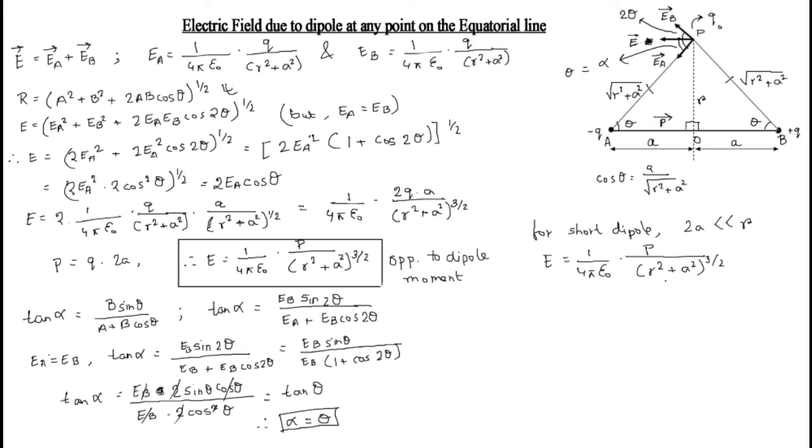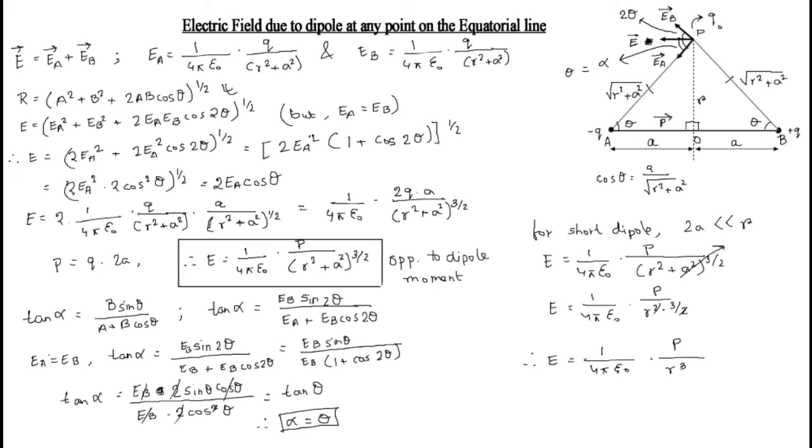Adding a very small value to a very large value makes actually no difference, so we can neglect the a square term and we are left with E equal to 1 by 4 pi epsilon naught times P by r square to the power 3 by 2. These cancel out, and therefore the final equation becomes E is equal to 1 by 4 pi epsilon naught, P by r cube.